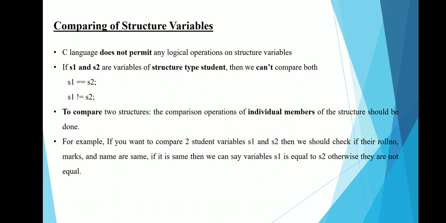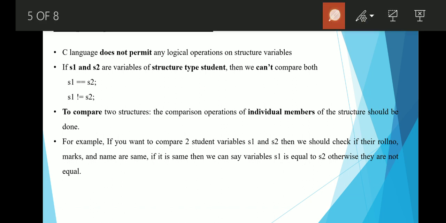If I want to check whether S1 is equal to S2, then I cannot say S1 equals S2, because the operator is not permitted on structure variables. Also, this particular operation cannot be performed, that is, S1 is not equal to S2. If I want to check whether S1 is not equal to S2, I cannot perform this operation.